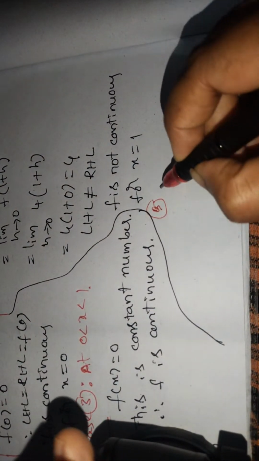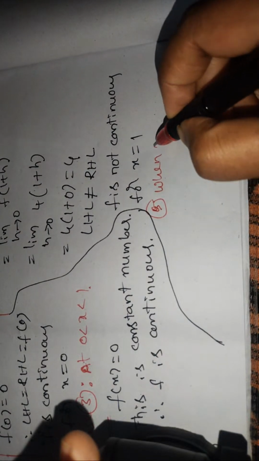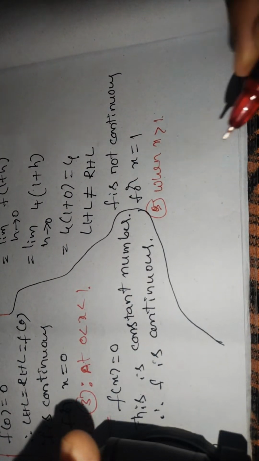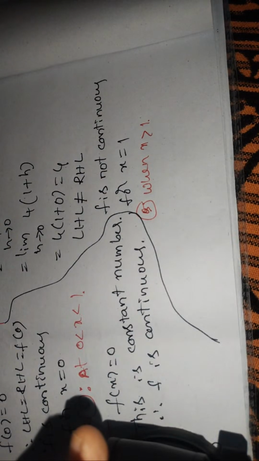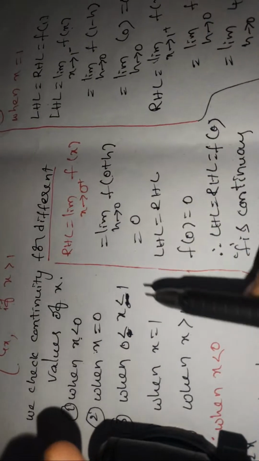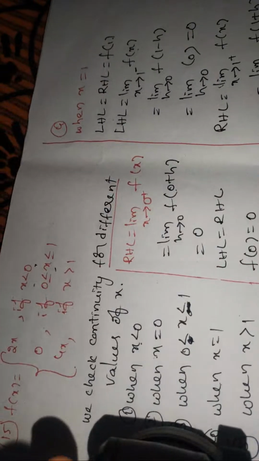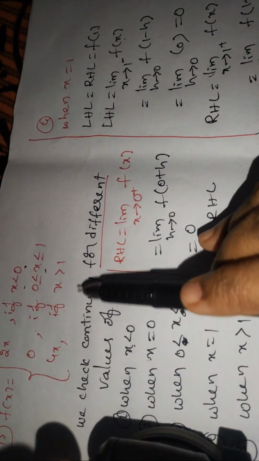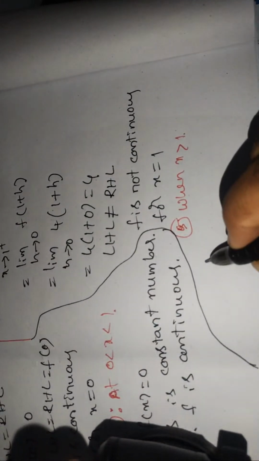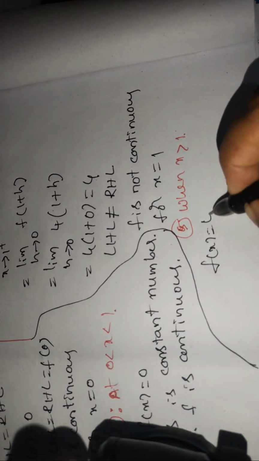Case 5, when x is greater than 1. So what is the function? When x is greater than 1, the function is 4x. So write f of x is equal to 4x.